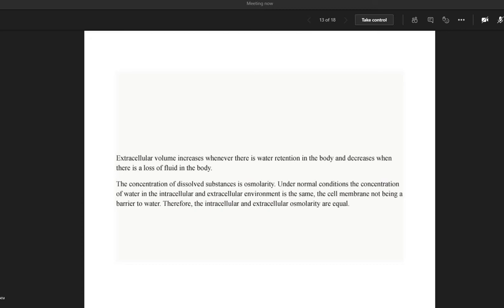The cell membrane is not a barrier for water. The water may cross this barrier in any direction. So this is why the intracellular and extracellular osmolarity are equal under physiological circumstances. Don't forget.